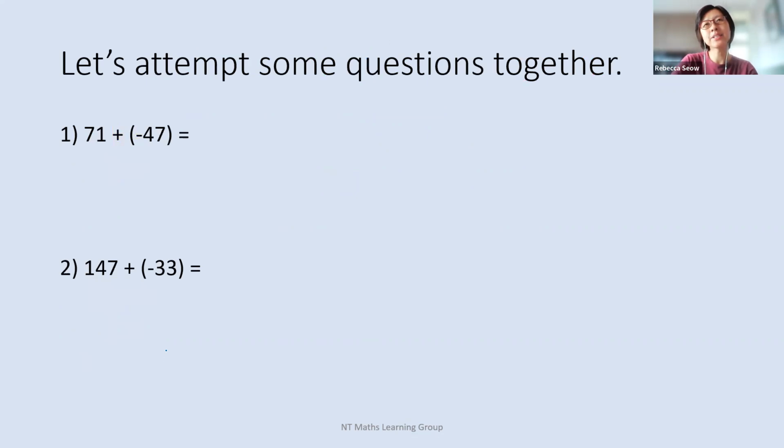Let's take a look at some questions together. So we have 71 add to negative 47. If you add to a negative number, remember, we end up subtracting it. So we have 71 take away 47, and we will end up with 24.